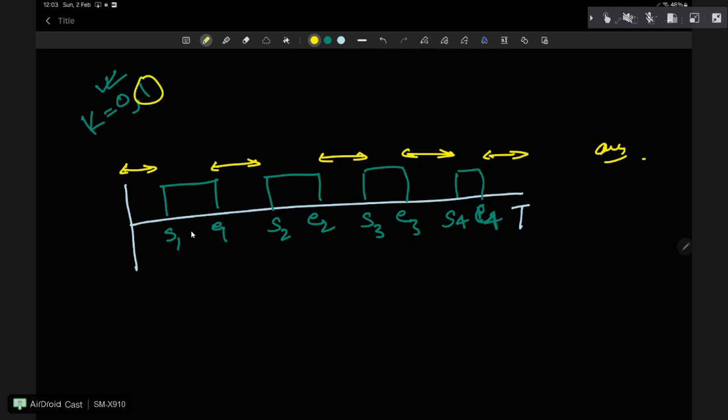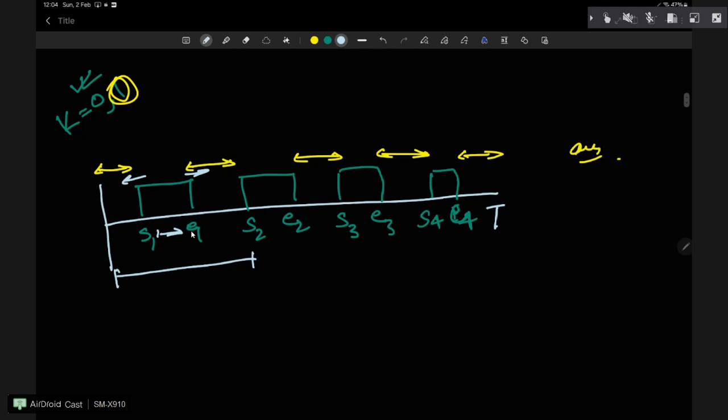But if k is 1, then as we have to maintain the ordering, we can move one block either to its left or to the right. The answer can be the maximum of moving this block, where the duration would be from this to this, minus the duration of this block.